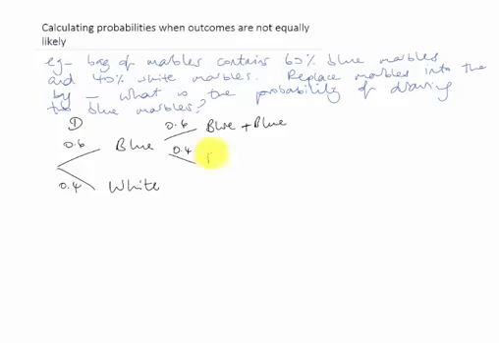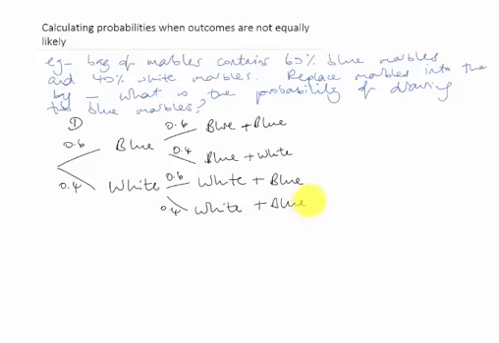With 0.4 we've already got a blue, and we get a white. If we've already got a white, 0.6 we'll get a blue, and 0.4 we pick the second one to be white.